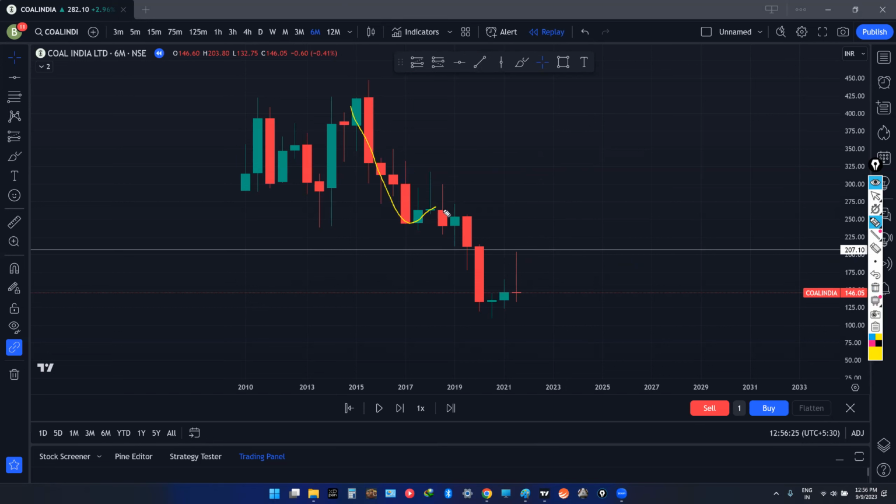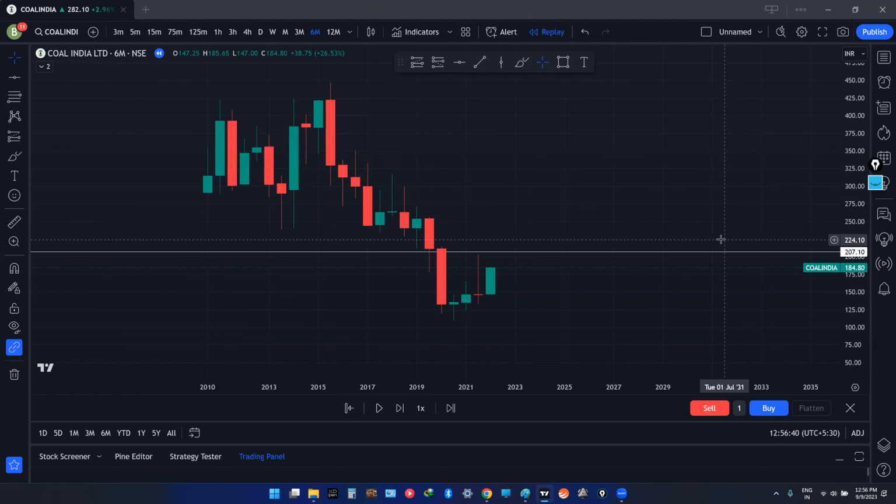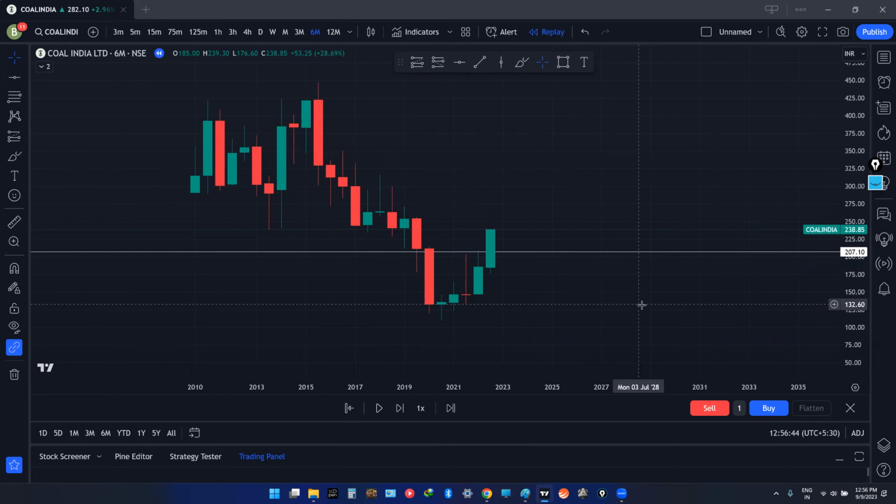So when you look at this chart, it is still in a downtrend. For us as retailers, we need a confirmation. We need something to see in front of our eyes to understand that yes, it is in an uptrend. So these are quarterly. Each candle is of one quarter, 3 months.